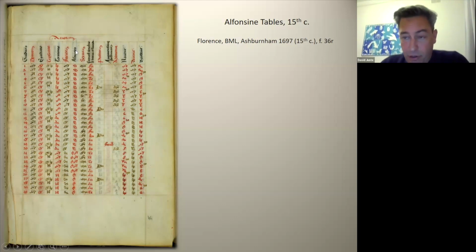And then you have a column for Almuten here, and he gives the Almuten. He has made all the calculation for you, except that these tables are problematic because he gives the Almuten by day only, and he neglects completely the Almuten by night. So this is a bit wrong.